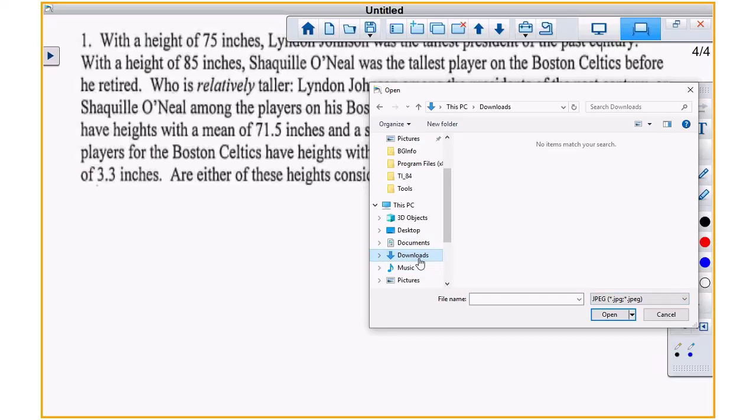I can't remember. Oh, pictures. Where did it go? Well, it disappeared. Oh well.